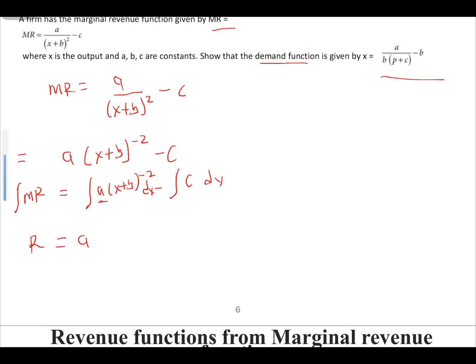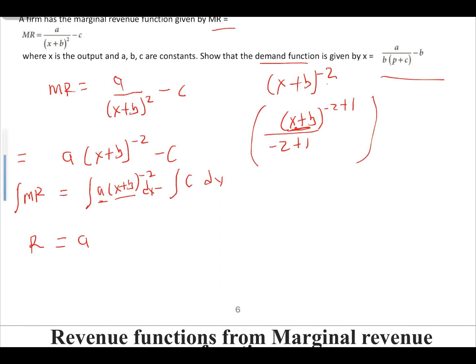In this one, we can use a shortcut. We have (X plus B) to the power negative 2. What we need to do is bring this exponent, negative 2, and add 1 to it, so we have (X plus B) to the power negative 2 plus 1. Remember that we need to differentiate whatever is inside and multiply by it.